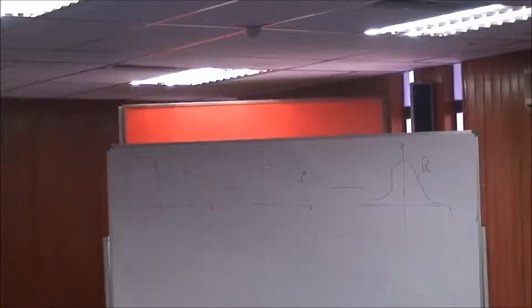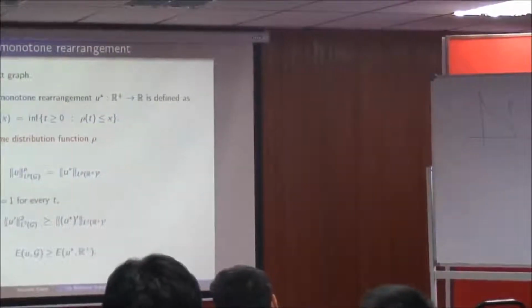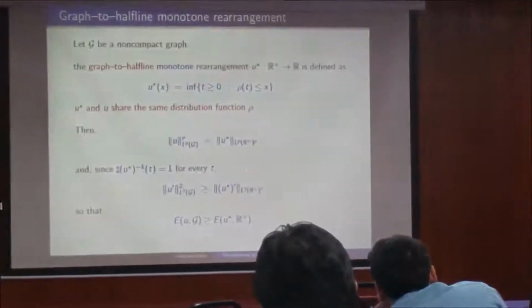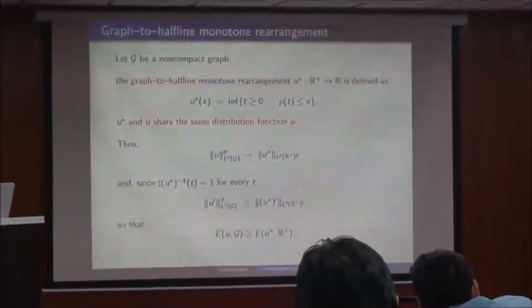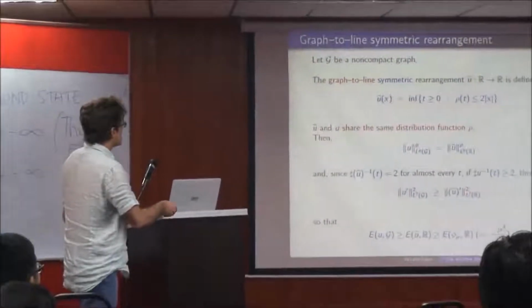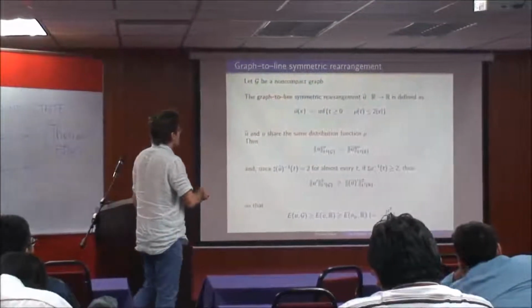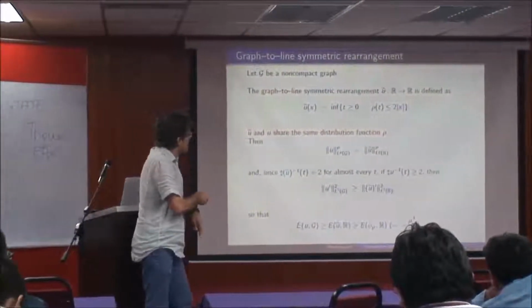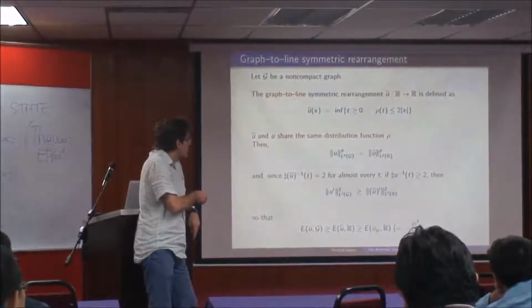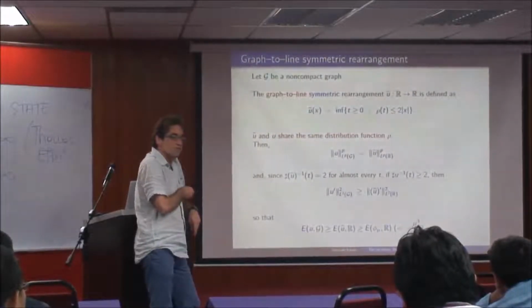Again, the distribution function does not change, so the nonlinear energy has the same value, but the kinetic energy decreases only in the case that the original function provided at least 2 free images for almost every element of the range. Okay?